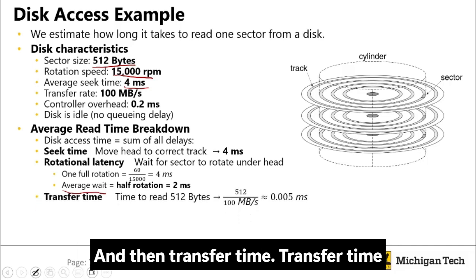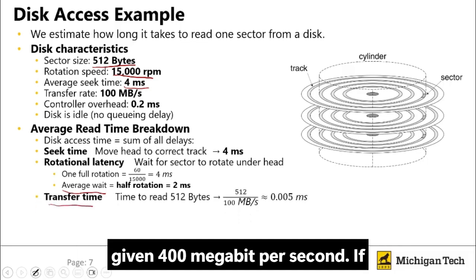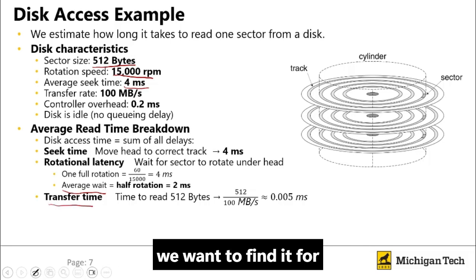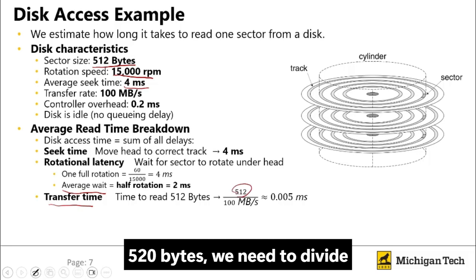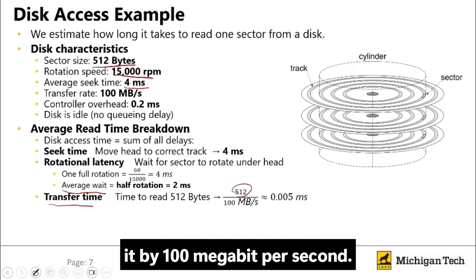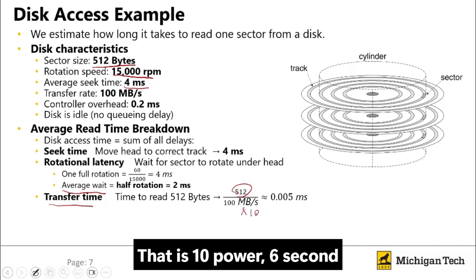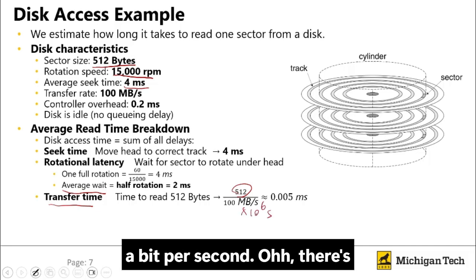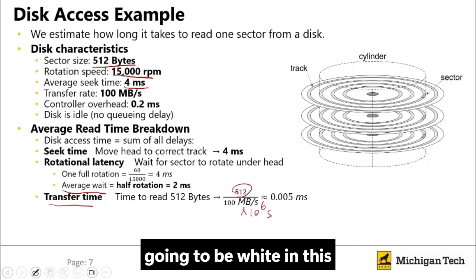And then transfer time is given for 100 megabit per second. If we want to find it for 520 bytes, we need to divide it by 100 megabit per second, that is 10 to the power 6 bits per second. Oh, it's going to be bytes in this case.